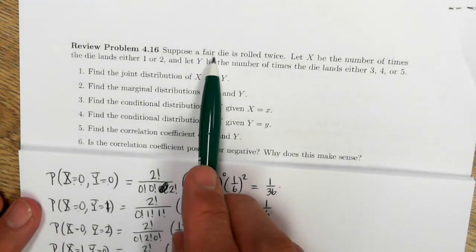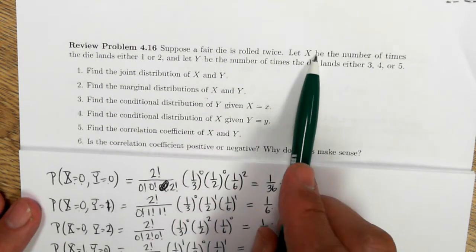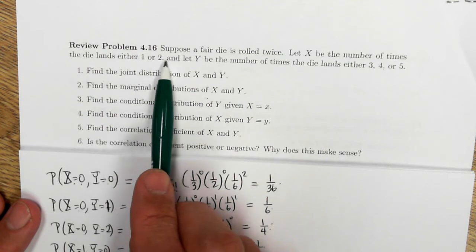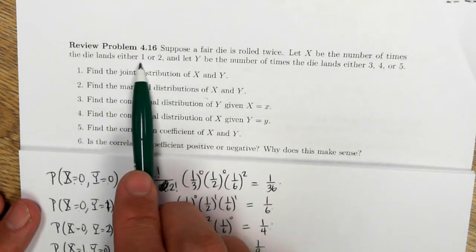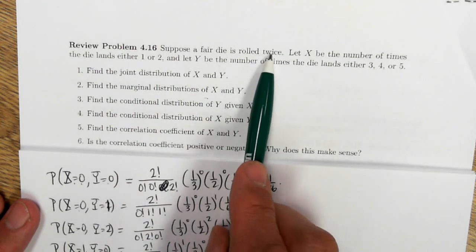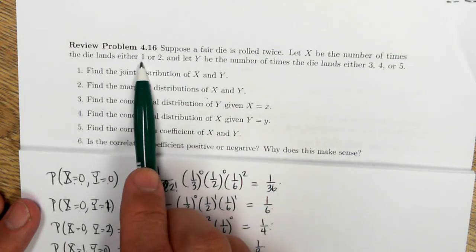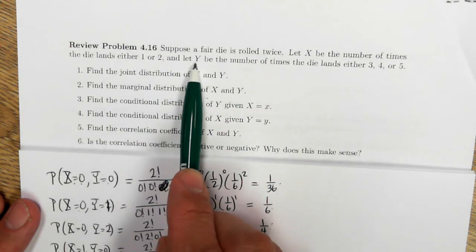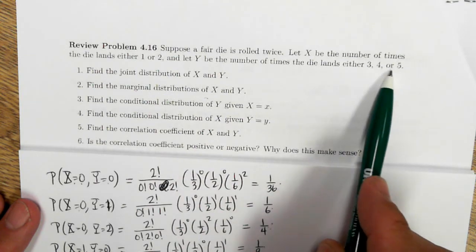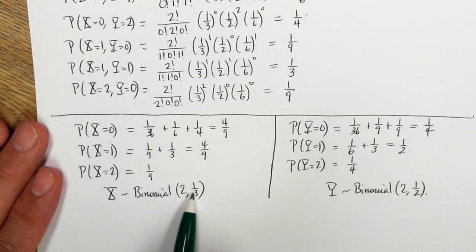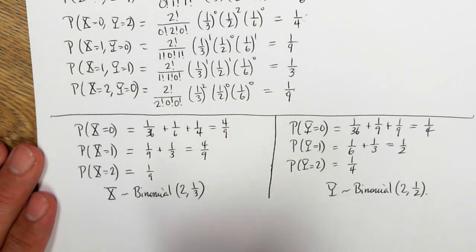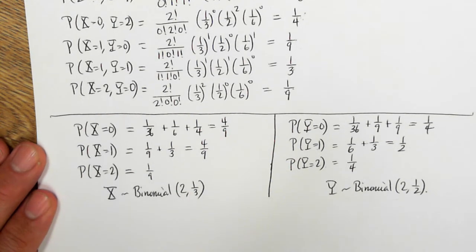Well, we remember that we have a fair die that's being rolled. X is the number of times it lands 1 or 2. Forget about Y. X is the number of times it rolls 1 or 2. So there's 2 attempts, and the chance of success is 1 out of 3, 2/6. For Y, there's 2 attempts, and the chance of success would be 3 out of 6. And so it stands to reason that X is binomial with parameters 2 and 1/3, while Y is binomial with parameters 2 and 1/2.